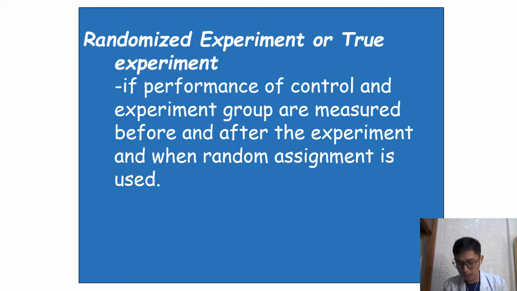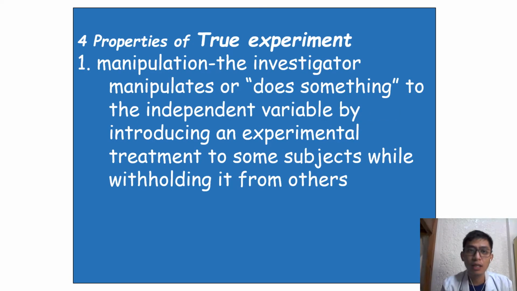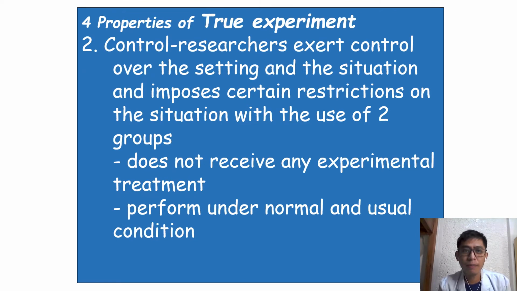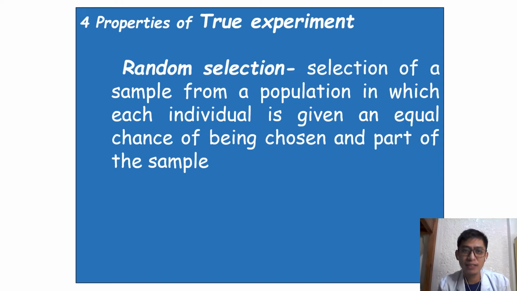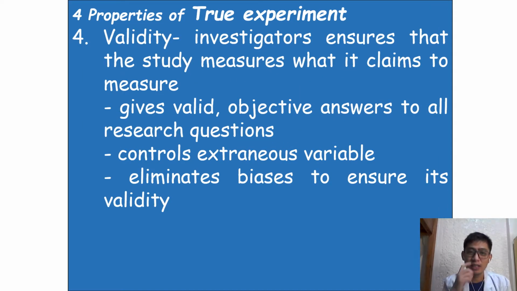And last is validity, the measurement of the effects of the independent variable on the dependent variable before and after, so we have the pre-test and post-test. So we have discussed manipulation, control, randomization, and validity. It gives valid, objective answers to all research questions, controls extraneous variables, and eliminates biases to ensure its validity.